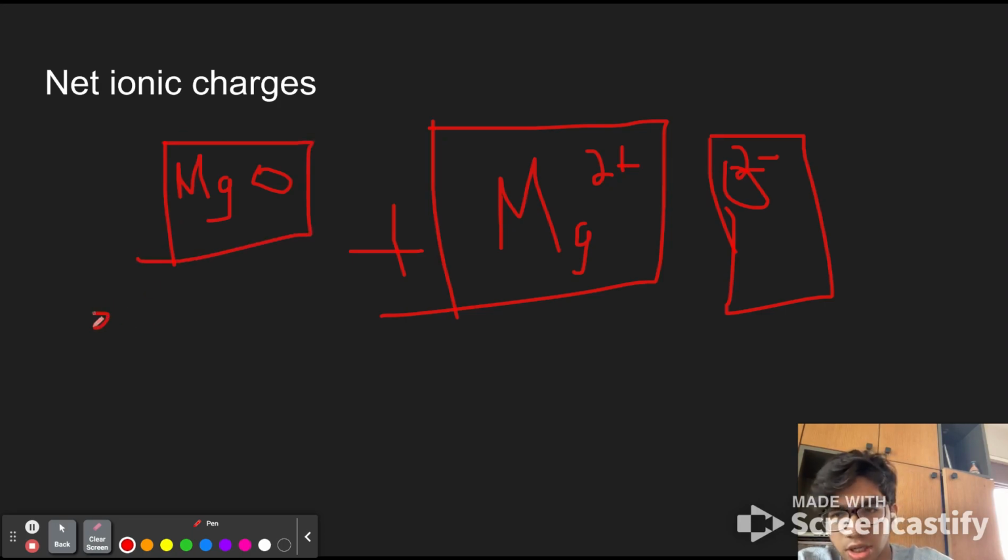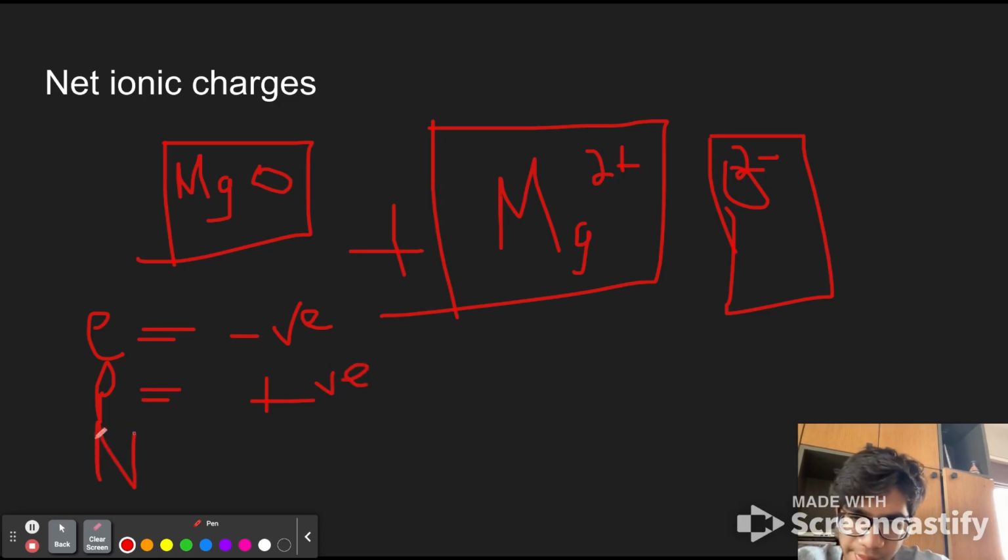We all know that electrons are negative, whereas protons are positive charges. The neutrons in the atom are neutral, which means they have no charge at all.